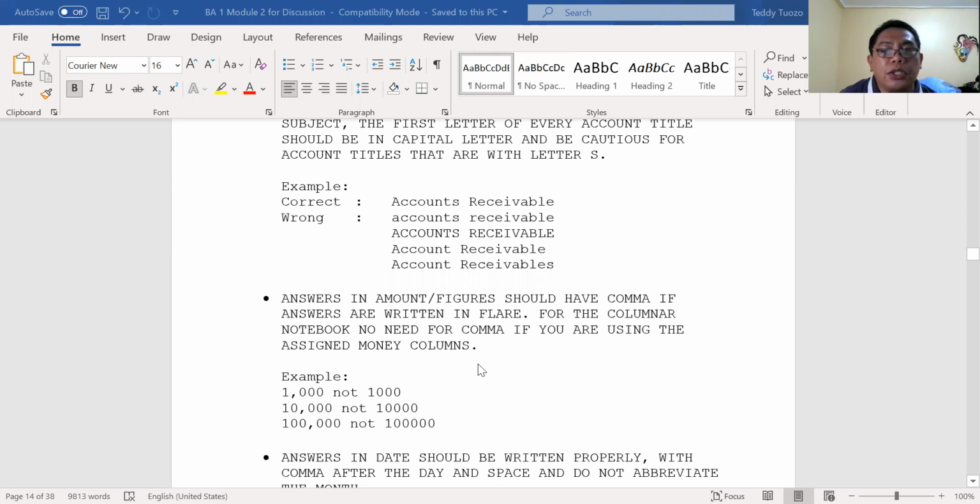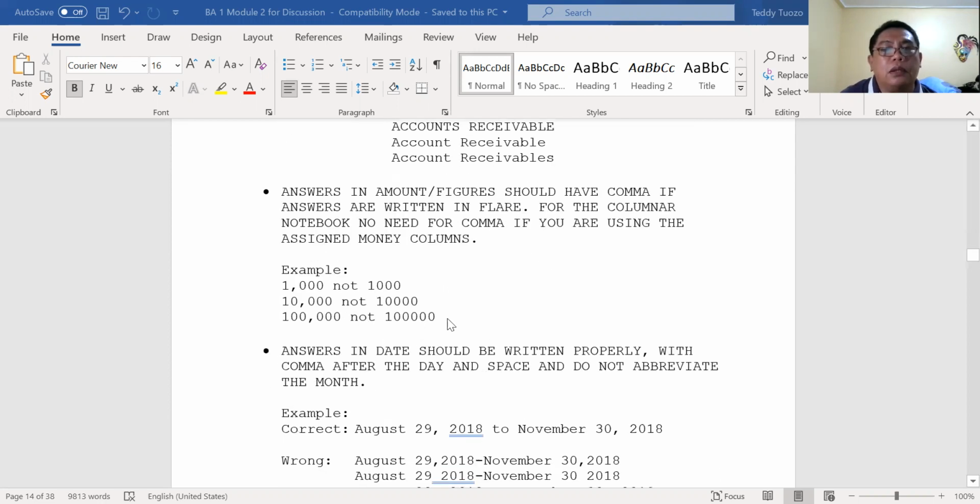Answers and amount figures should have comma if answers are written in Flare. For the columnar notebook, no need for comma if you are using the assigned money columns. So I have examples here again. Even if it is an amount, no need to write the peso sign, or the peso sign would only be the letter P, capital P, and then 1,000.